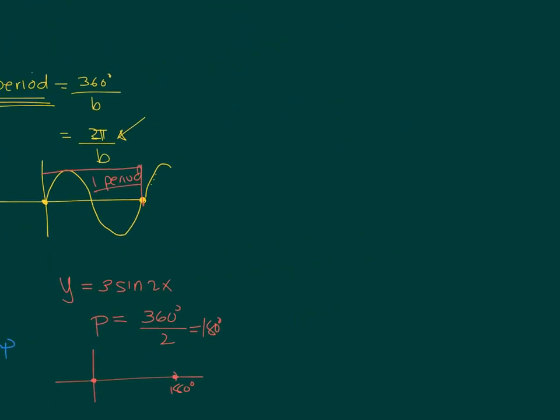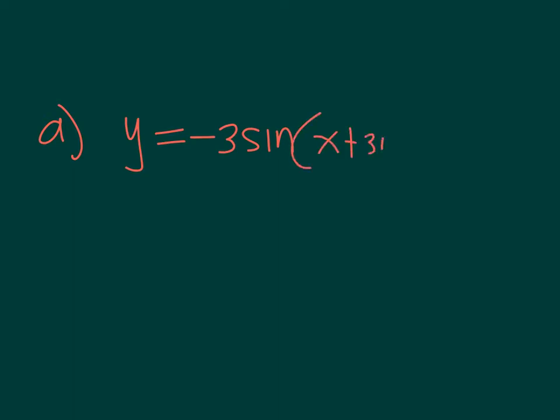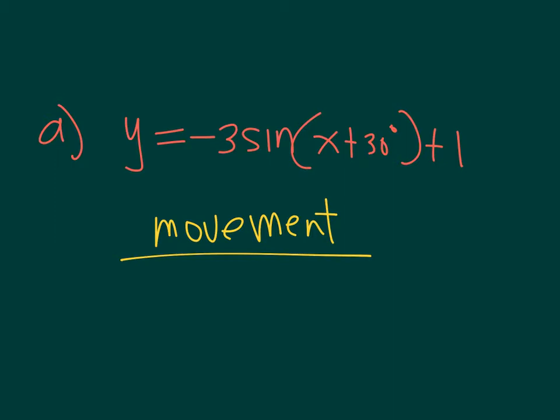Now let's go to the more advanced functions. What if we have, in this paper, y is equal to negative 3 sine of x plus 30 degrees, and then plus 1? This is when you analyze the movement. Well, there's actually no movement, but it seems like the basic function is moving from those points to a new set of points.